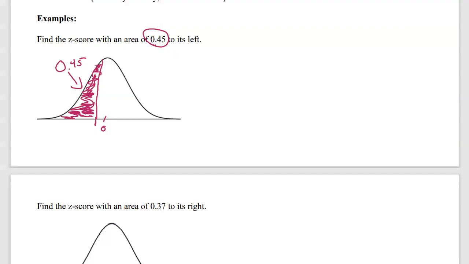So my z-score over here is a negative 0.13, which makes sense because it's not that far from 0. It is on the left side because it's less than half, but it's not very much less than half, so it shouldn't be very far from 0.